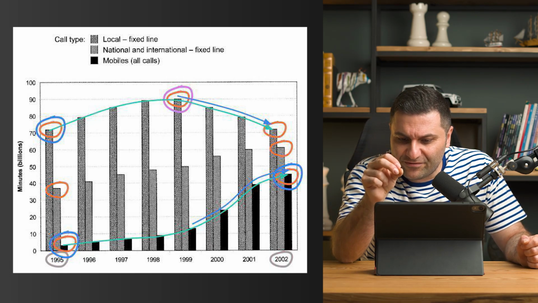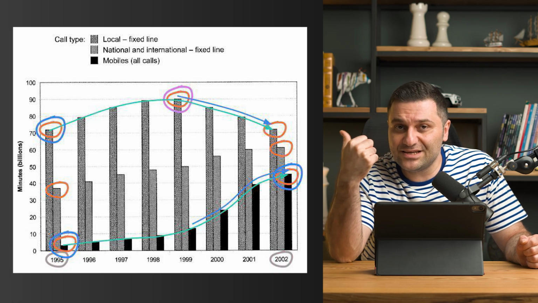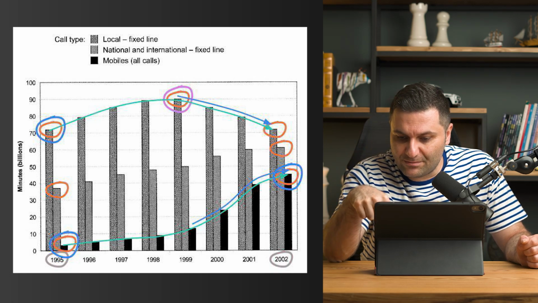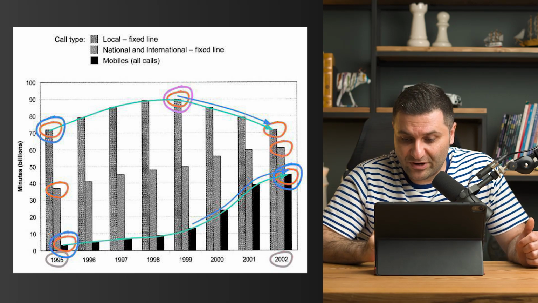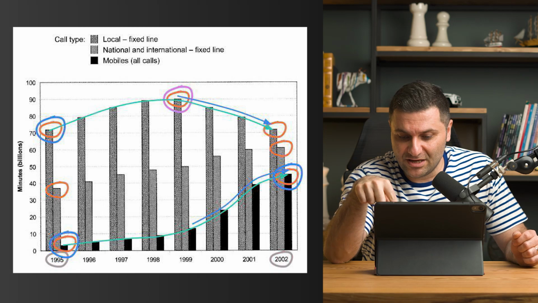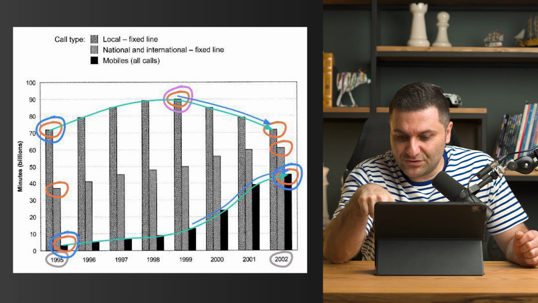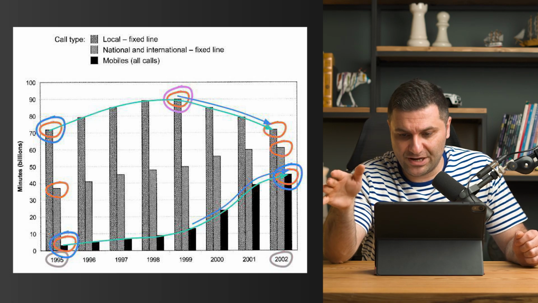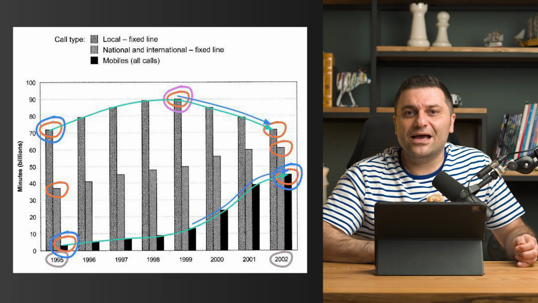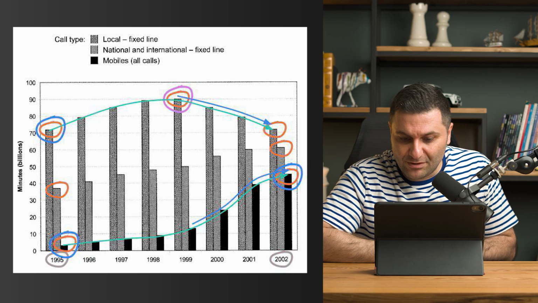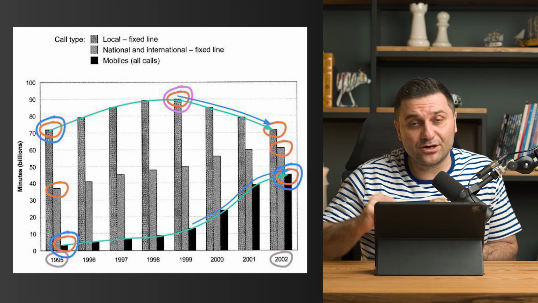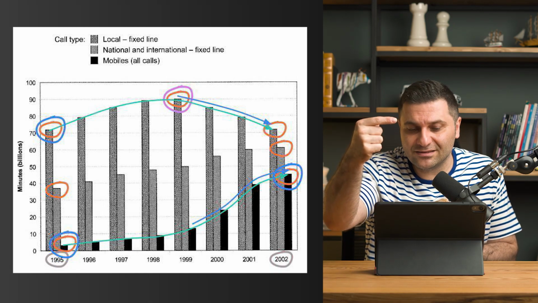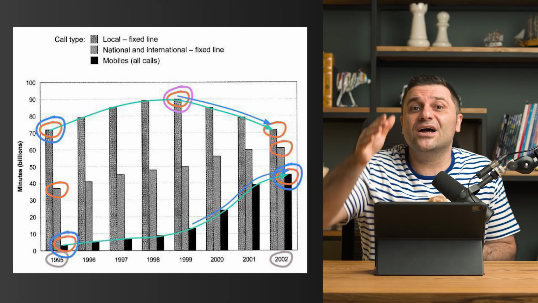Another striking difference is at the end of the period, where mobiles increased sharply, and in 2002 it was around 45 billion minutes. And again, we have a striking difference as mobiles increase from 1999 up to 2002, while local fixed line decreases.